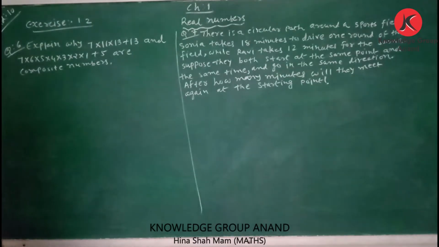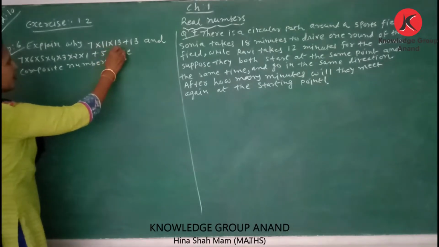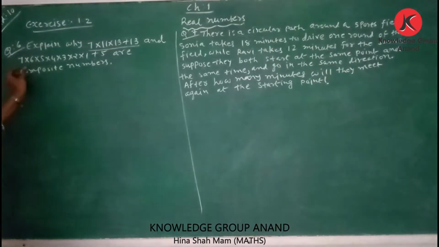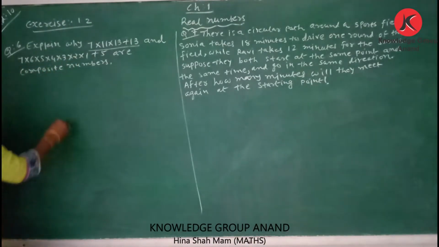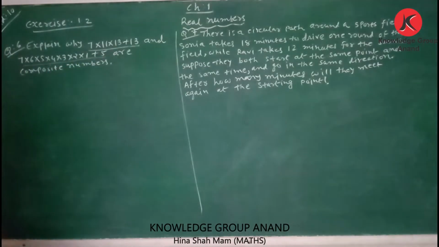Question number 6. Explain why 7 into 11 into 13 plus 13 and 7 into 6 into 5 into 4 into 3 into 2 into 1 plus 5 are composite numbers.